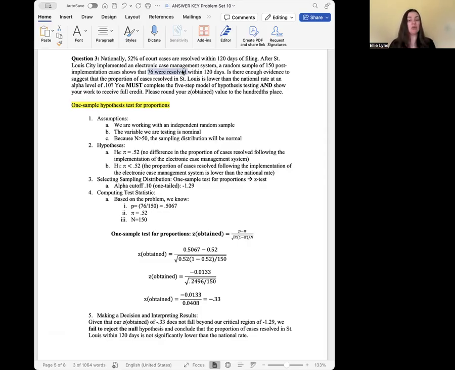That's not exactly what we're looking at here. The variable that we are actually evaluating is whether it was resolved or not. Yes, it was resolved, or no, it was not. It's still being measured in terms of cases, but that's not our actual variable of interest. Again, it's a yes or no binary variable. And so I can see how that tripped some folks up.